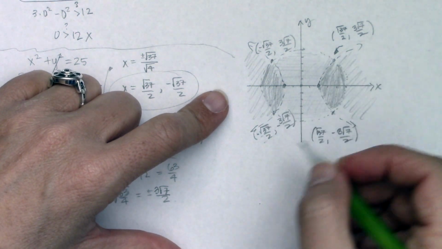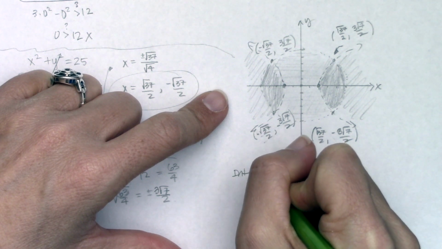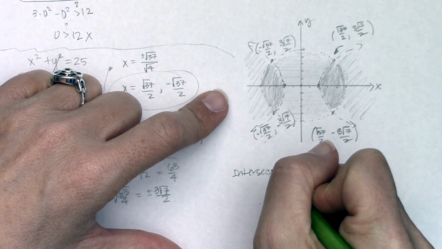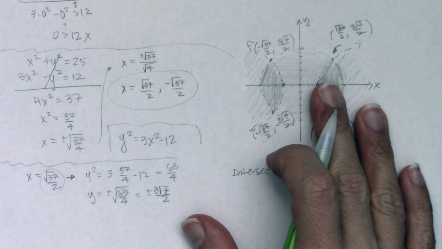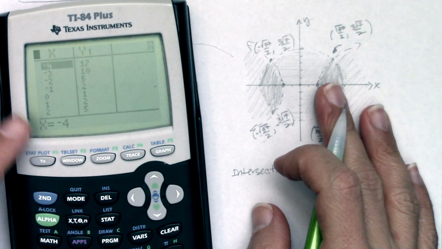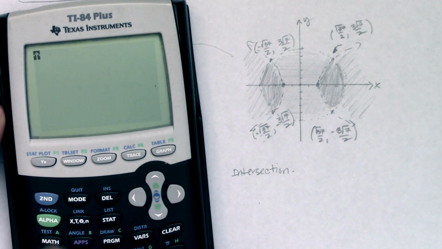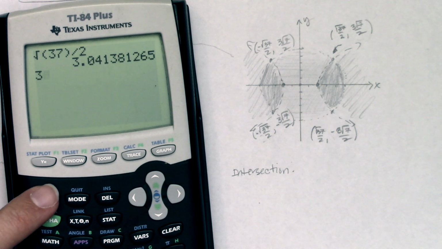You could also crunch these numbers on your calculator to figure out what root 37 over 2 is. If I pull my calculator into this, just because I don't want to graph it, I could take the square root of 37 and divide by 2, and I could also do 3 root 7 divided by 2.